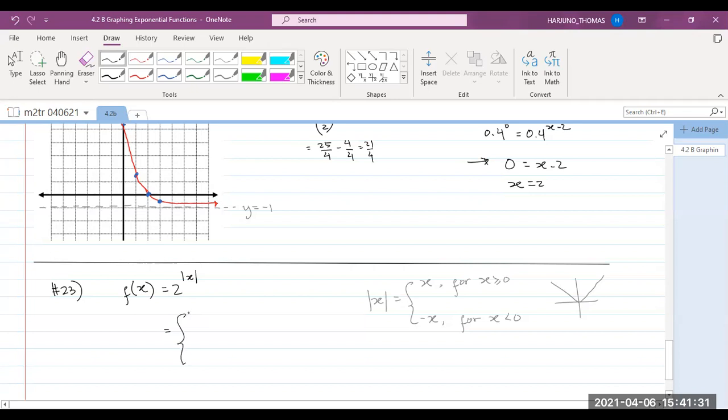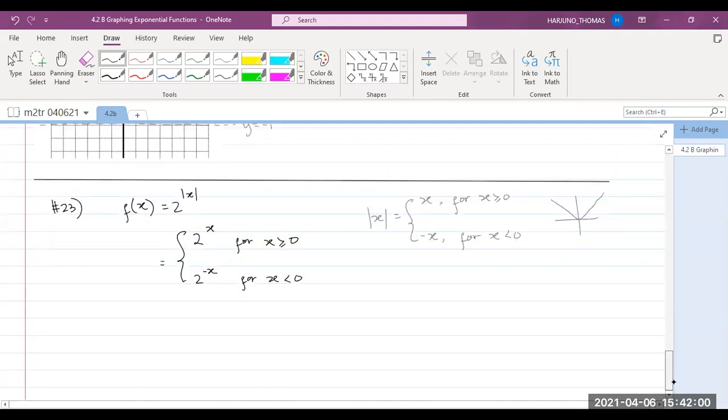Therefore, for 2 to the absolute x, it will be 2 to the x for x positive, and 2 to the negative x for x negative. So we are creating a piecewise defined function.